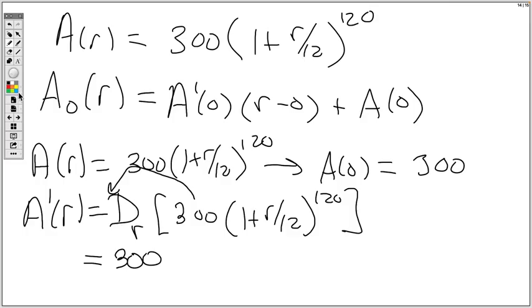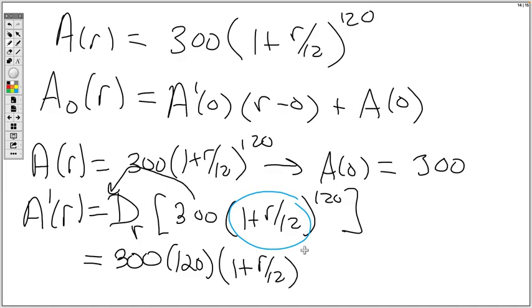Now I'm taking the derivative of something to the 120th power. So what's that? 120 times that thing to the what? 119th. And then chain rule kicks in, times the derivative of what's inside. What's the derivative of 1? Plus the derivative of r over 12.